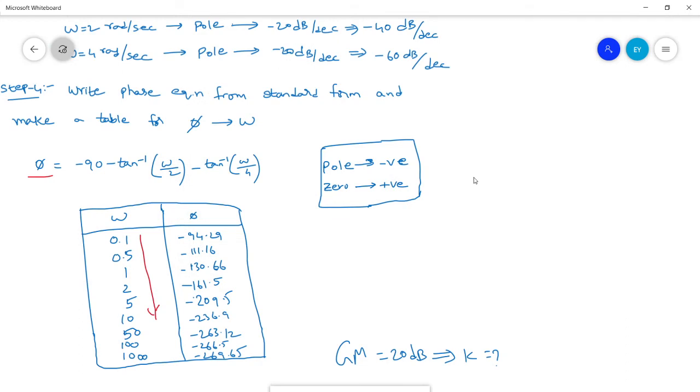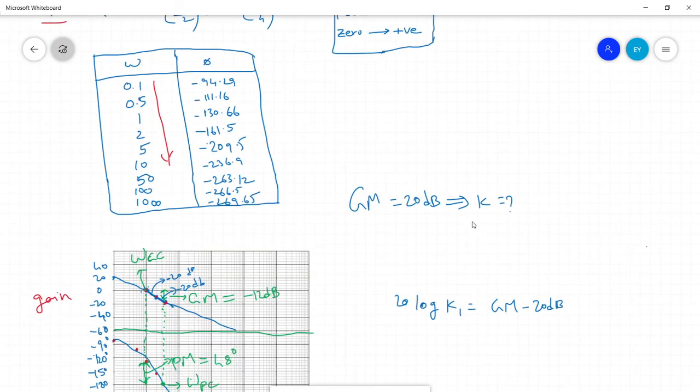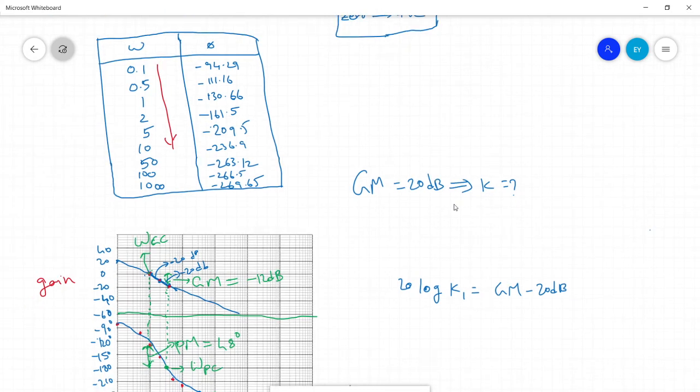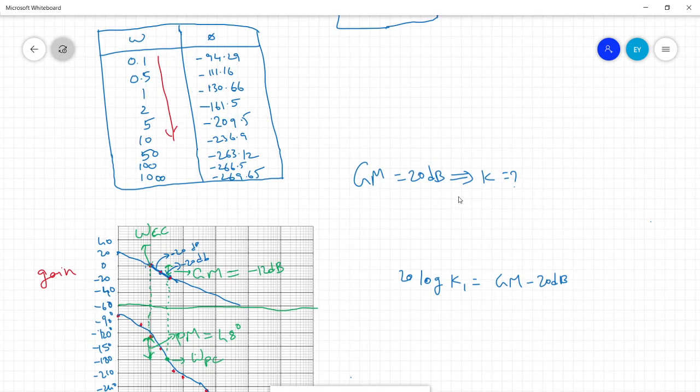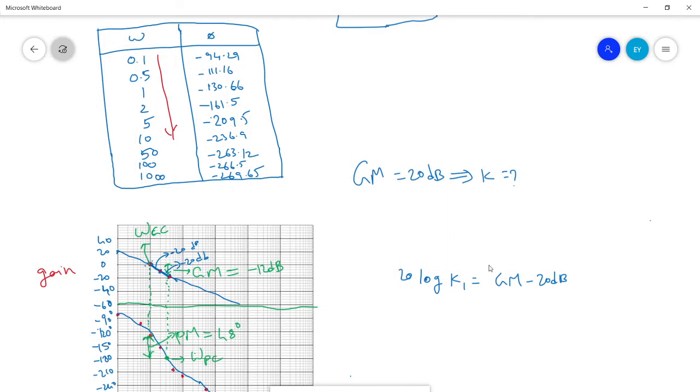So at this point, they asked us to calculate K for 20 dB. At 20 dB gain margin, what we got is minus 12 here.